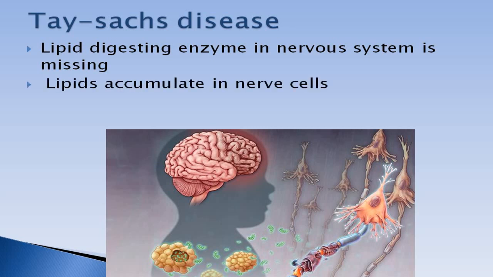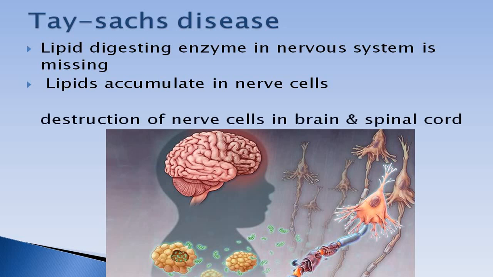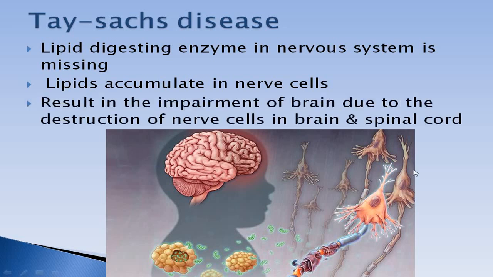So the lipids start accumulating in the nerve cells, resulting in damage of the nerve cells. Ultimately, the nervous system is also damaged, and usually this is present at the time of birth, and these individuals do not survive.